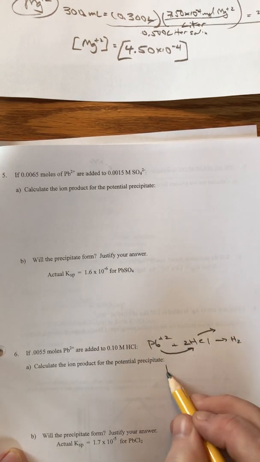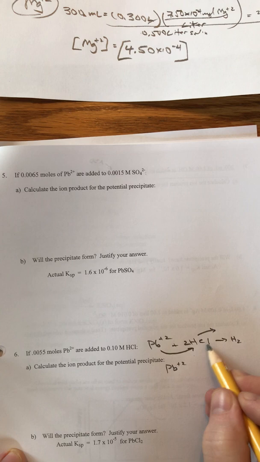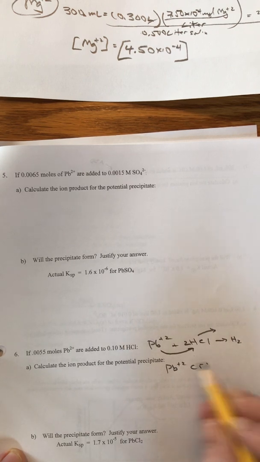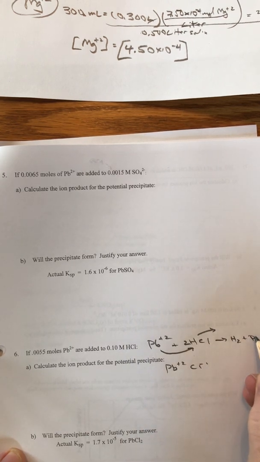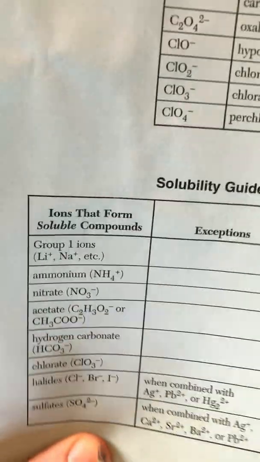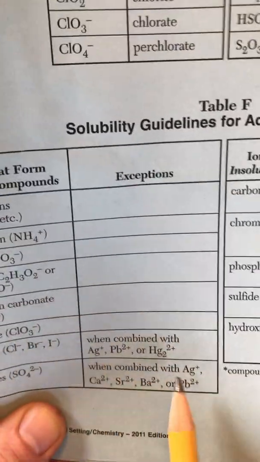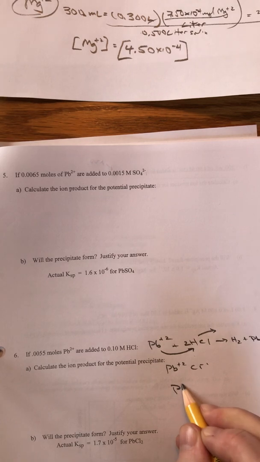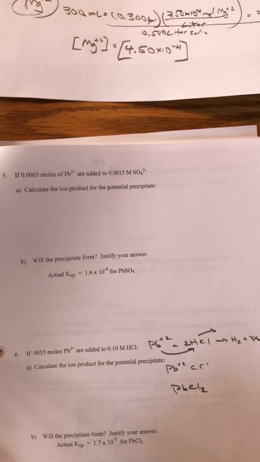So now you've got Pb plus 2 ions and Cl minus 1 ions. So your other product here is PbCl2, which table F would say all halides like to dissolve, but now with lead plus 2, the compound of interest there is PbCl2. I'll let you take it from there.